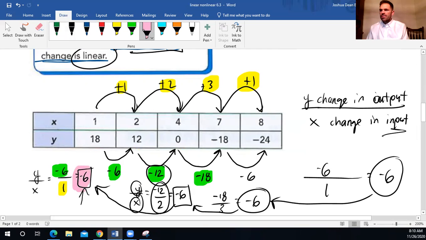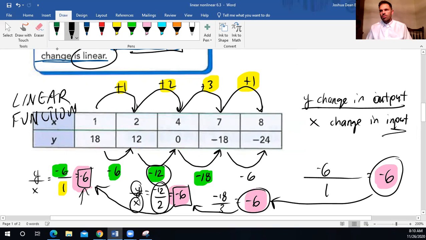So in each case, we have a constant rate that the y's and the x's change. So we can say that this is a linear function because the rates are constant.